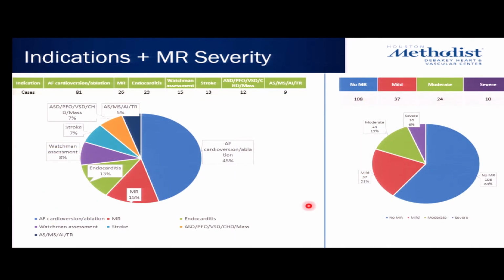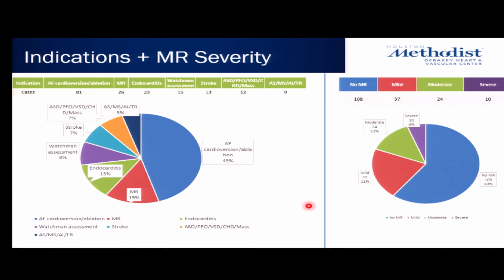As for the distribution of the indications and the mitral regurgitation severity, as you can expect, most of the indications are related to atrial fibrillation, whether it's cardioversion or ablation. The second most common are MR and endocarditis, and the others would be, as expected, Watchman assessment, stroke, some congenital defects, and other valvular disease assessment.